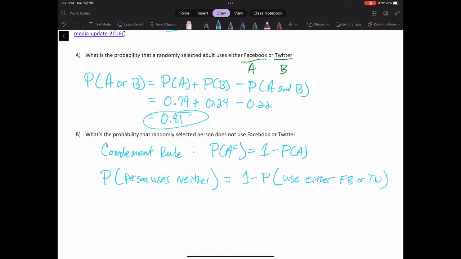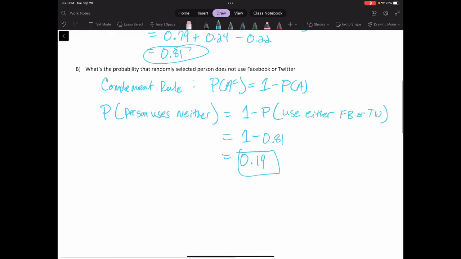The complement of using none of them is that you use either one of them. Well, we've already calculated that in part A, so I'm just going to grab that answer. We know that was 0.81. So therefore, our answer is 0.19.